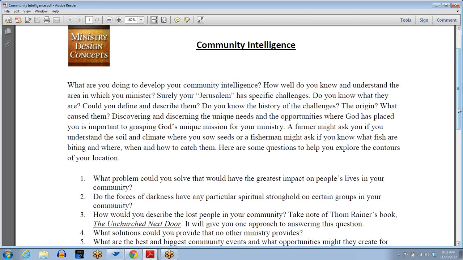If you want to develop your community intelligence, your connectivity quotient, to bridge the connectivity between your ministry and your church family and the people God's called you to reach, then you're going to have to work at it. I've given you here a list of questions to give you direction for increasing and improving both the quantity and the quality of your community intelligence so that you can build bridges to reach out, going to them with the gospel, and hopefully some of them may come to you for the gospel.